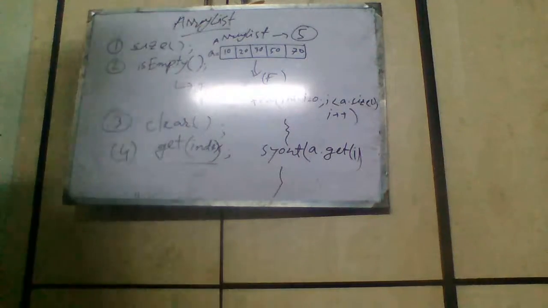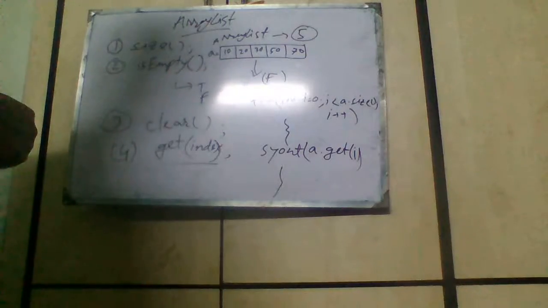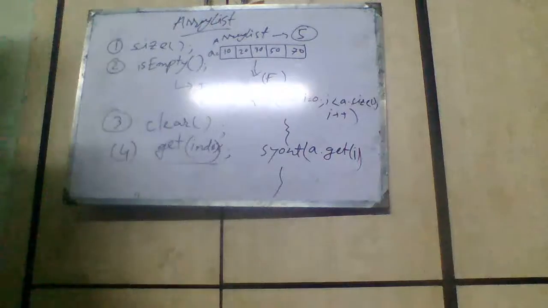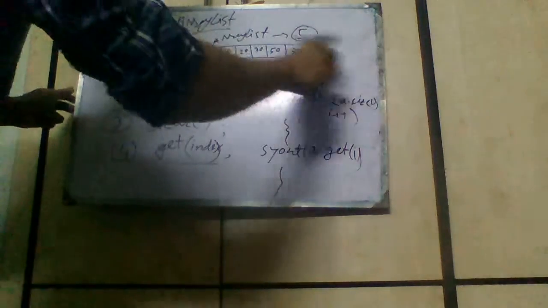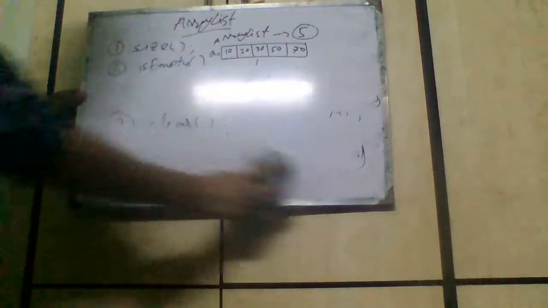That means it will return all values of this ArrayList. Okay, number 4.